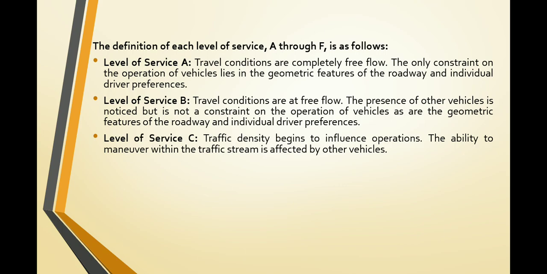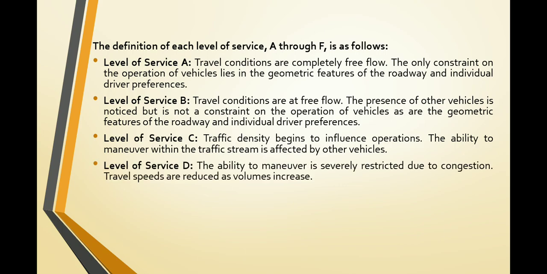LOS C, traffic density begins to influence operation. The ability to maneuver within the traffic stream is affected by other vehicles. LOS D, the ability to maneuver is severely restricted due to congestion. Travel speeds are reduced as volumes increase.